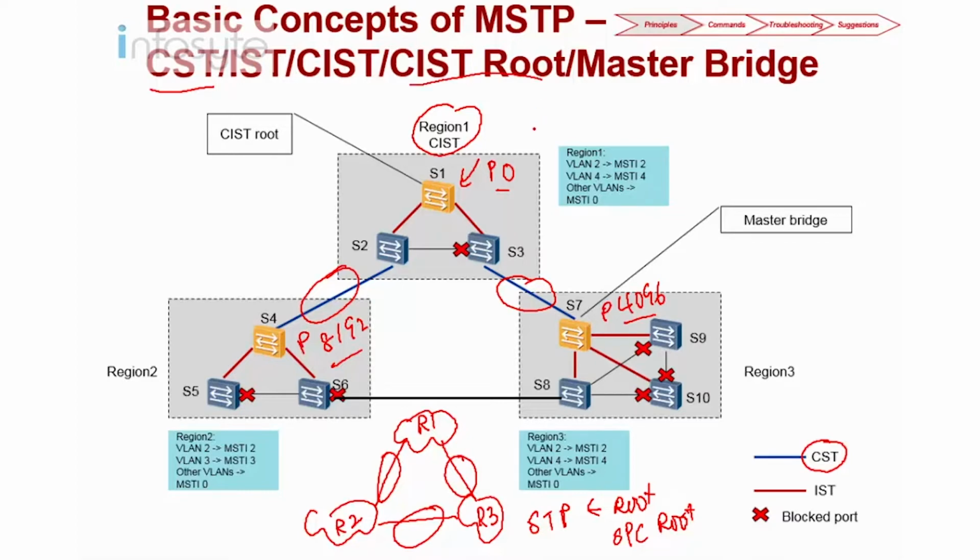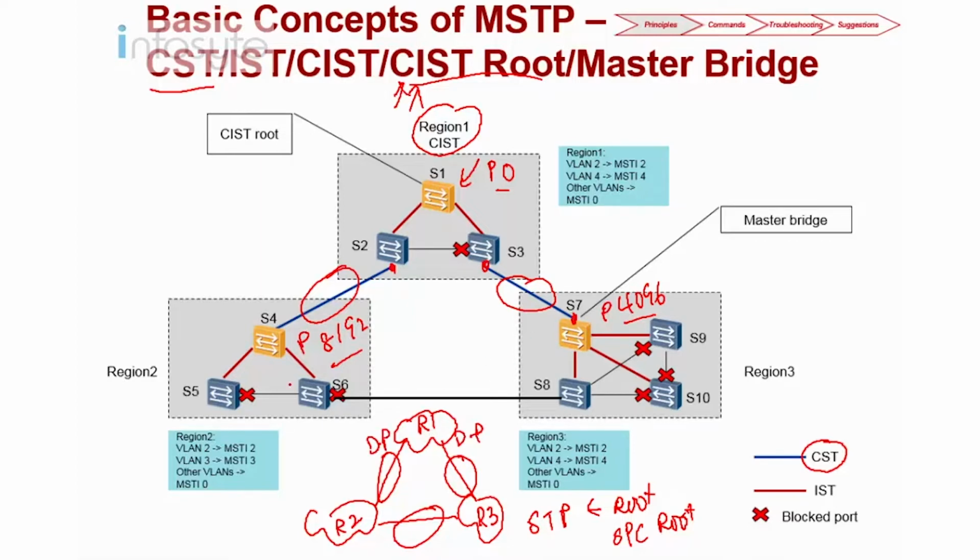Now what does CIST mean? CIST stands for Common and Internal Spanning Tree. So S1 is the root because its priority is highest. Because it is the highest, the port connecting region 1 to region 3, this particular port, will become the designated port.